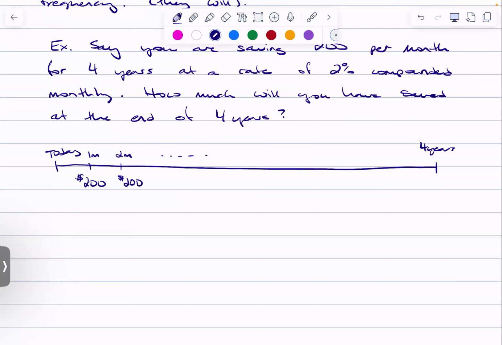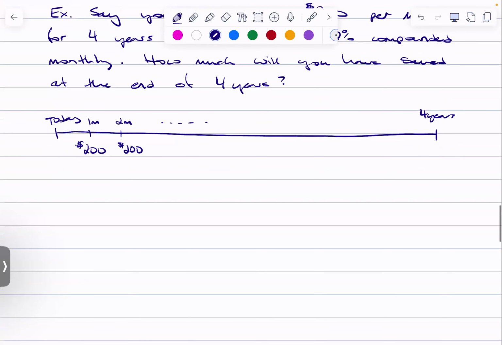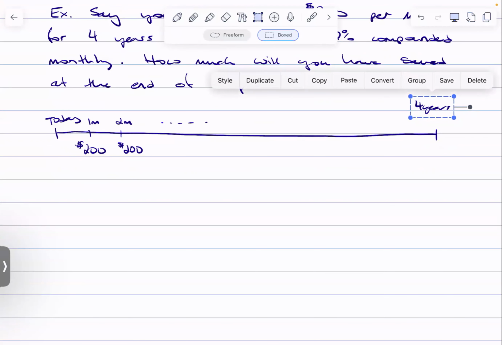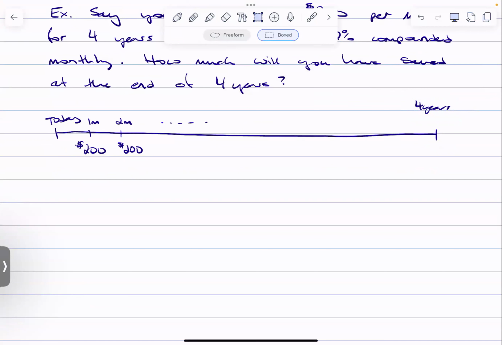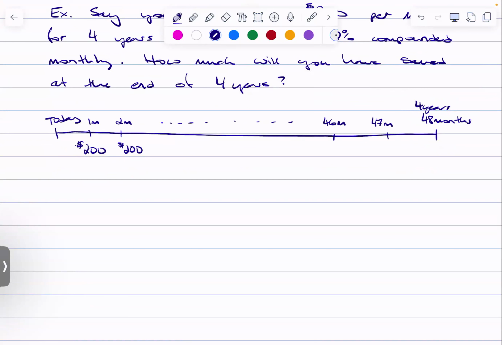And then I keep going for 4 years, which is, let's see how many months. 4 times 12 months is 48 months. 4 years is the same as 48 months. Which means before that I was at the 47-month mark and the 46-month mark. Right, and it just keeps going and going and going.